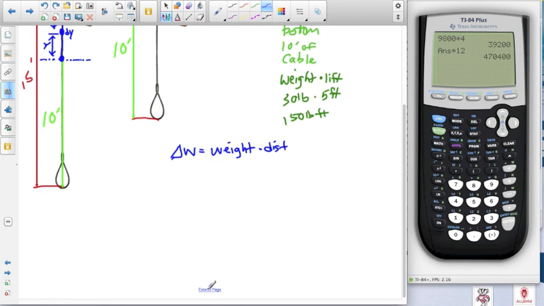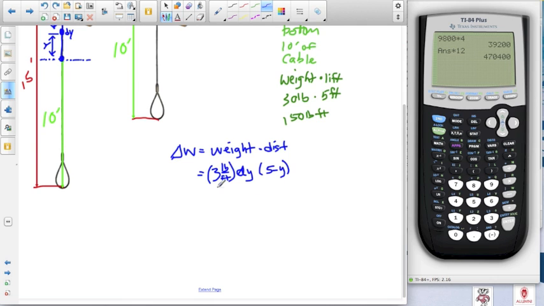So again, that incremental weight is that we have 3 pounds per foot. That's our linear density. And then we need a linear length, and our length is our incremental function dy. So there's our weight. We're lifting 3 pounds per foot for each foot of cable lifted, and then our distance is 5 minus y.